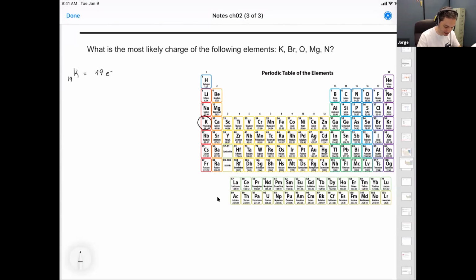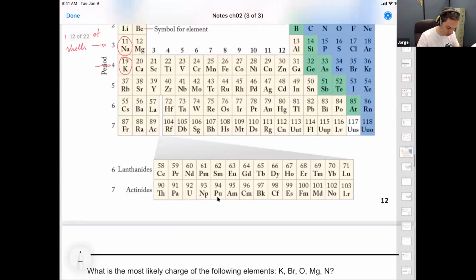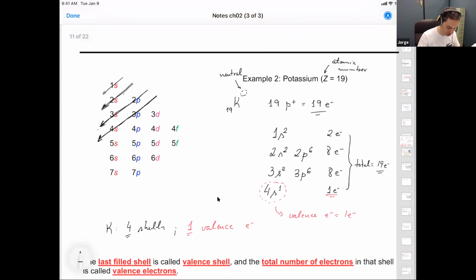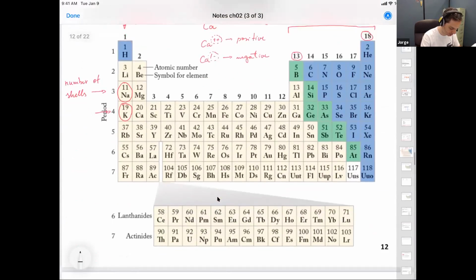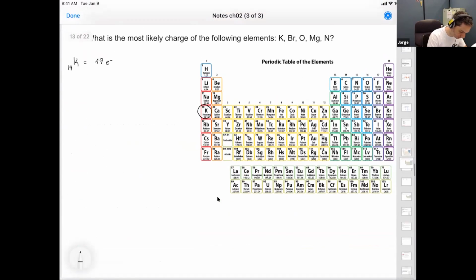So we already did that, so I'm just going to rewrite what we already did here. That's going to be 1s2, 2s2, 2p6, 3s2, 3p6, and 4s1.